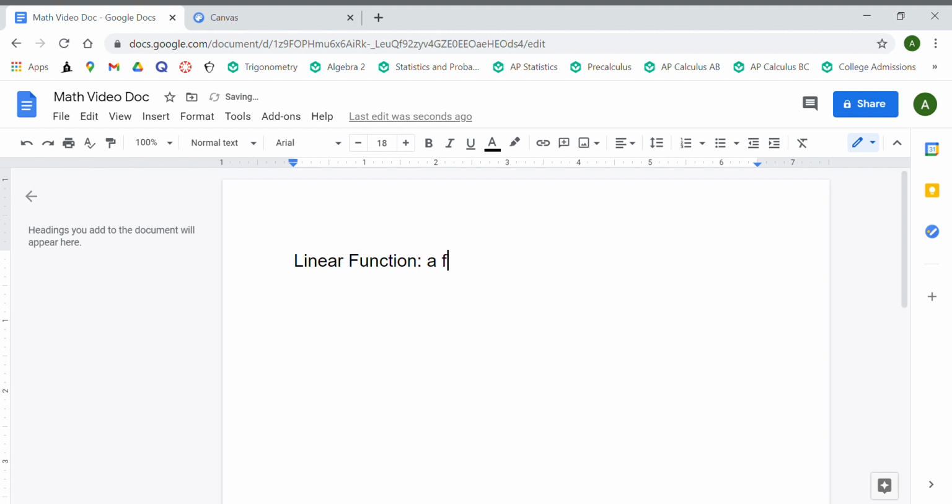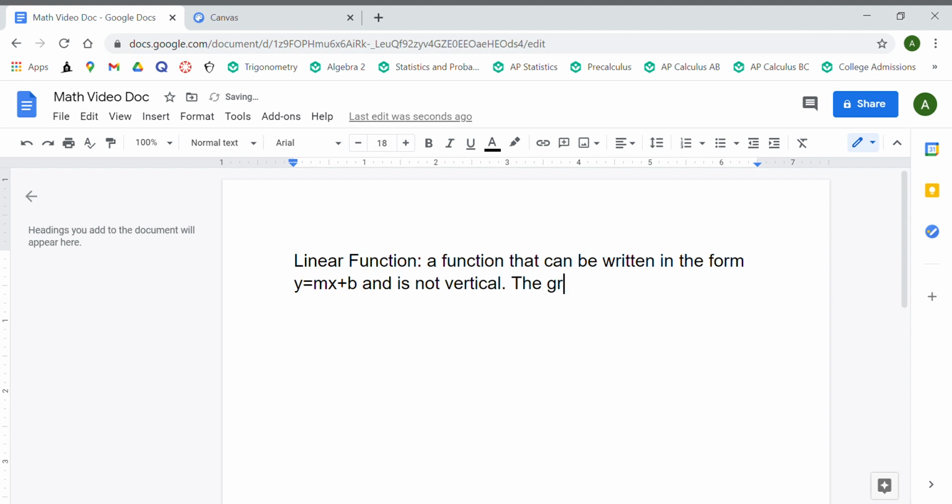It is a function that can be written in the form y equals mx plus b and is not vertical.